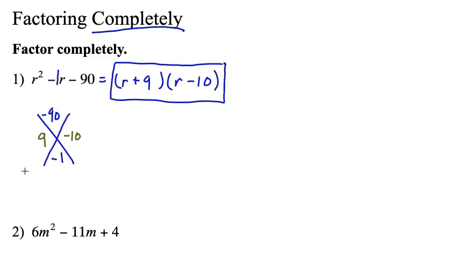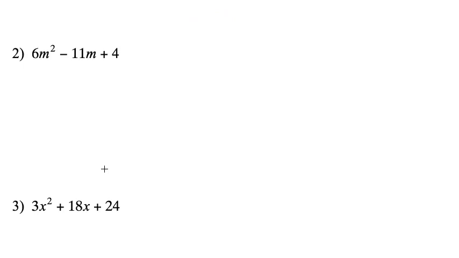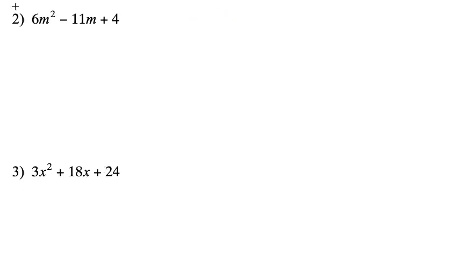Now in number 2, this time we have a coefficient that's not equal to 1. This will work out a little bit differently. Same thing though, we're wondering if we can break it down into the product of two binomials. All right, when we have a coefficient greater than 1 in front of the squared term, this is where we can multiply that coefficient by the constant term.